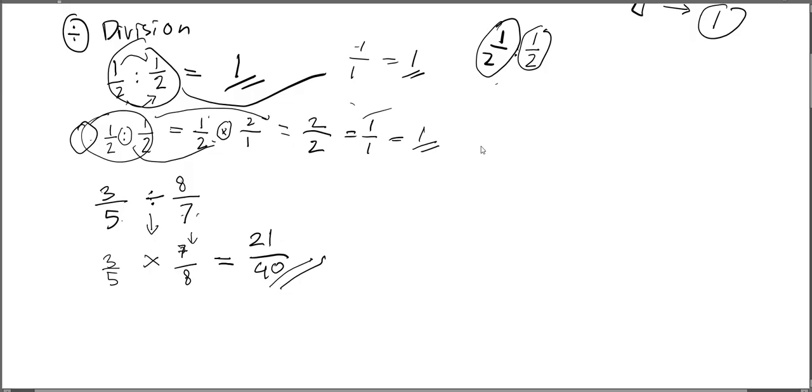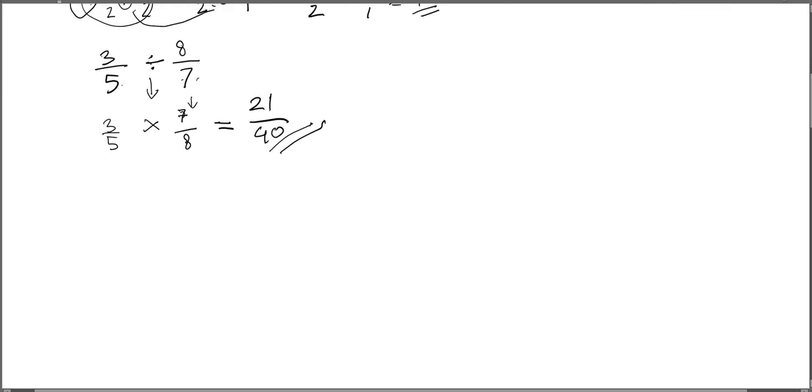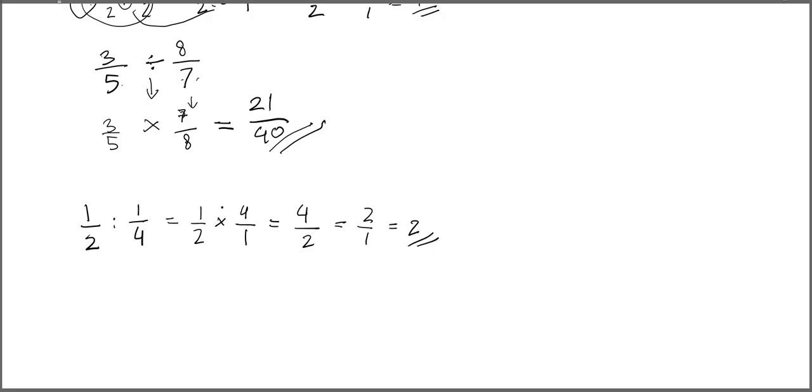Or maybe let's discuss with a more feasible number. 1 per 2 divided by 1 per 4 equals 1 per 2 times 4 per 1 equals 4 per 2 equals 2 per 1 equals 2. So here's the thing.